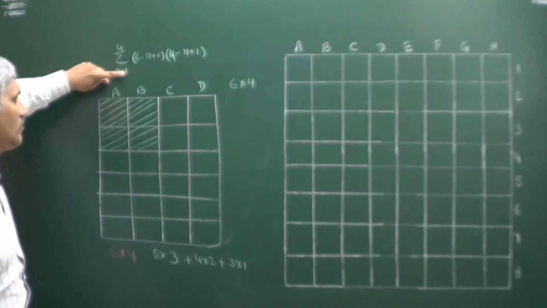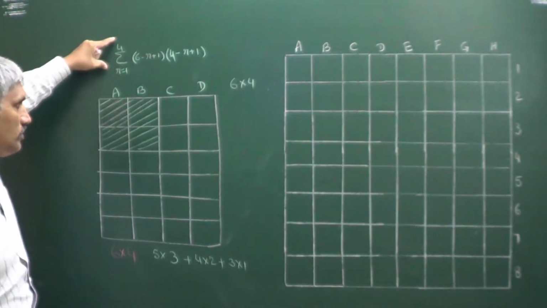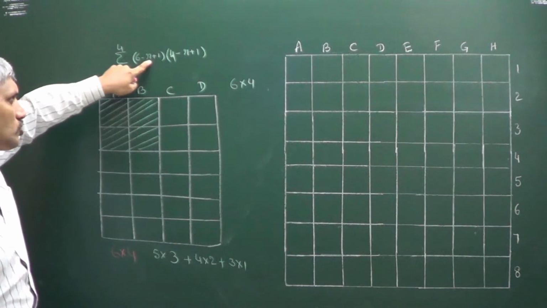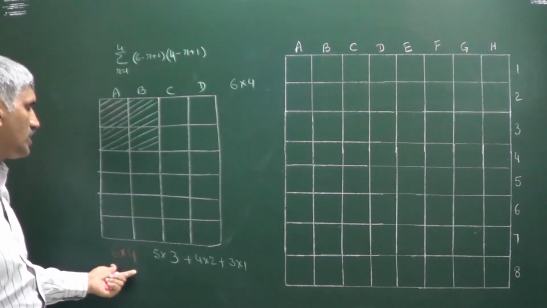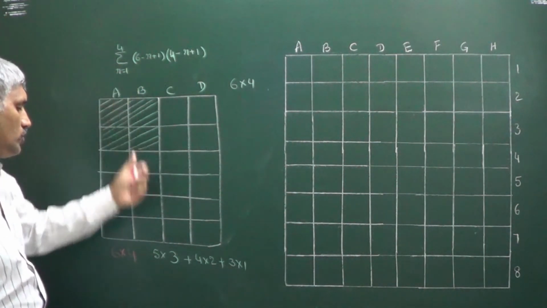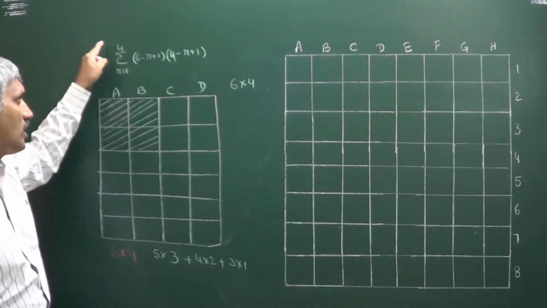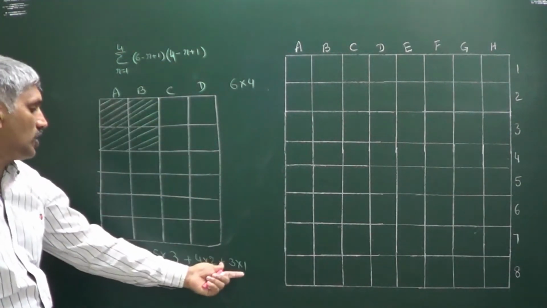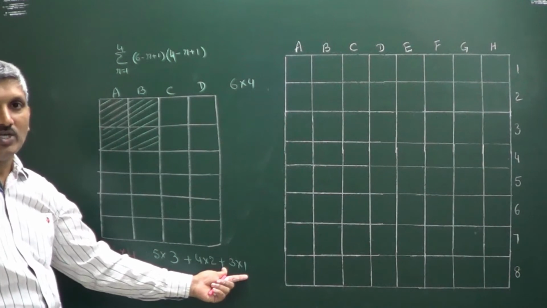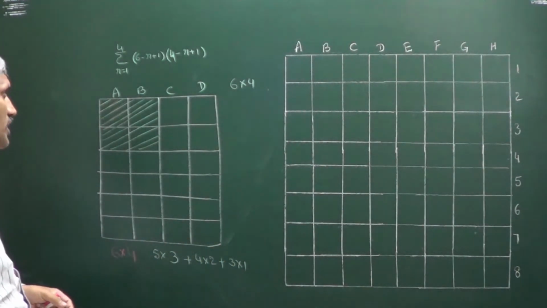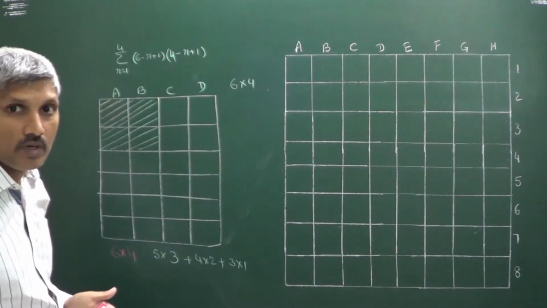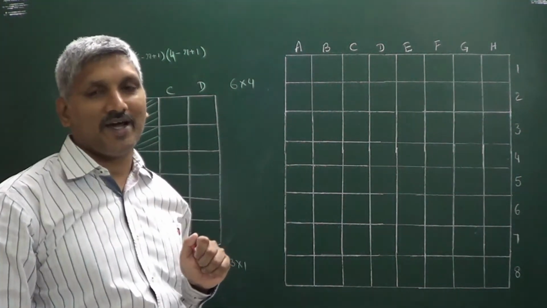You can observe r equals 1 gives the first one, r equals 2 gives the next one, and finally r equals 4 gives the last one, right? So that is the way of proceeding for the number of squares in this 6 by 4 grid.